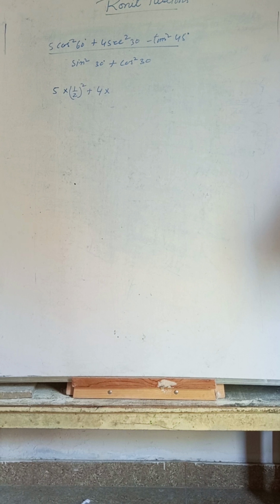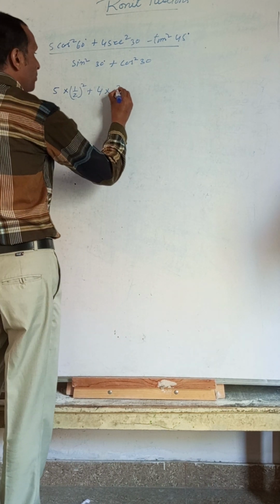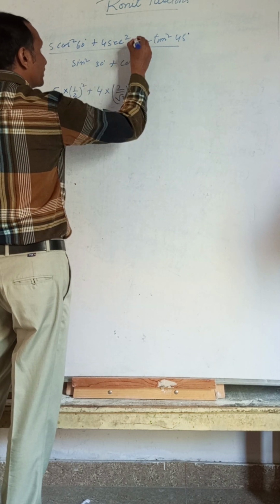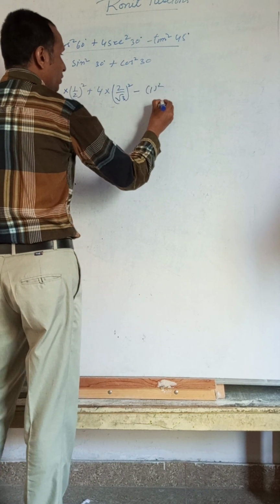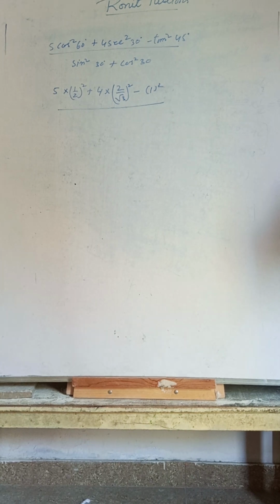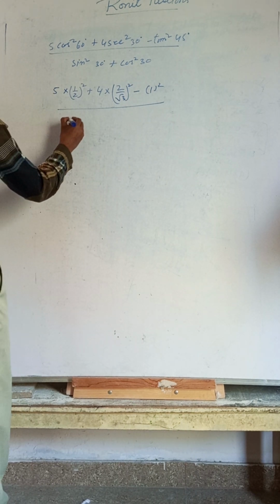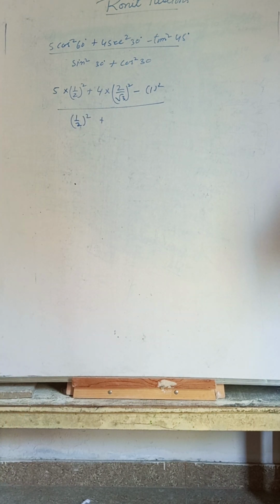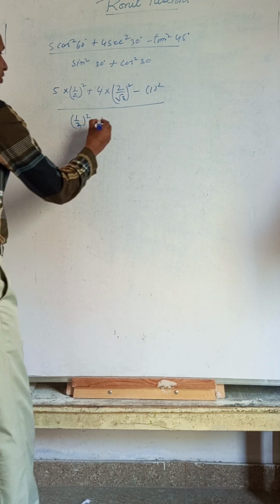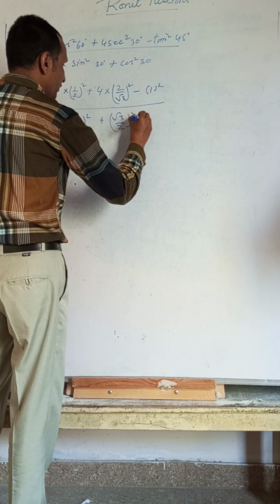Sec 30 value is 2 by root 3, squared. Minus tan 45 value is 1, so 1 square, whole divided by sin square 30. Sin 30 value is 1 by 2, so 1 by 2 whole square, plus cos square 30. Cos 30 value is root 3 by 2, so root 3 by 2 whole square.